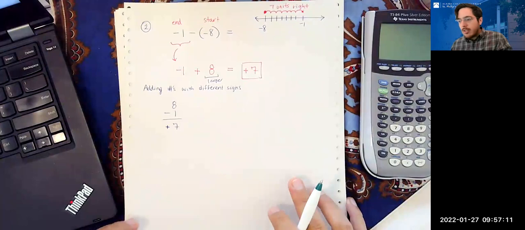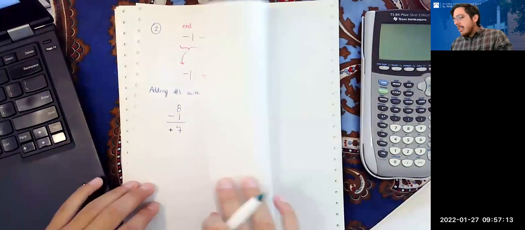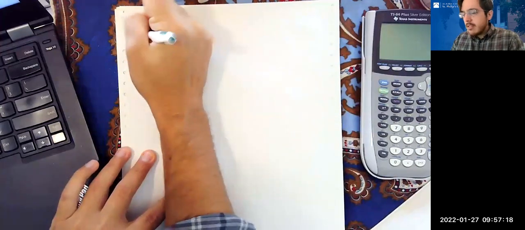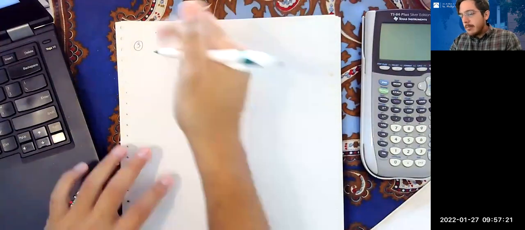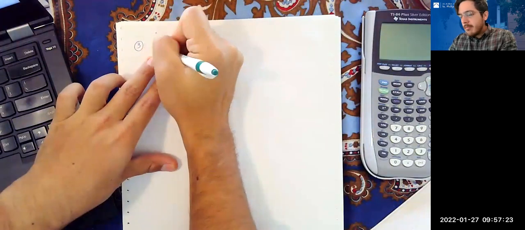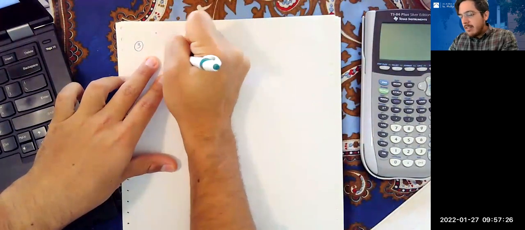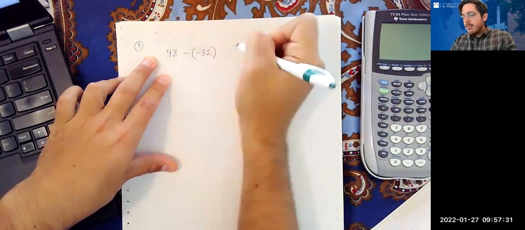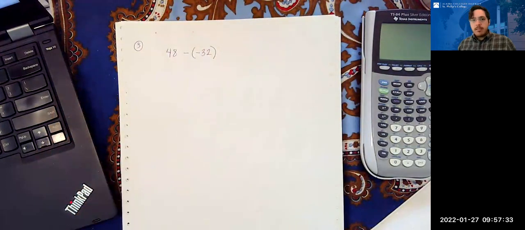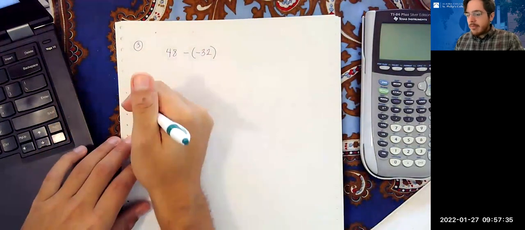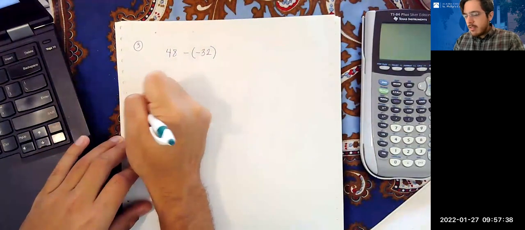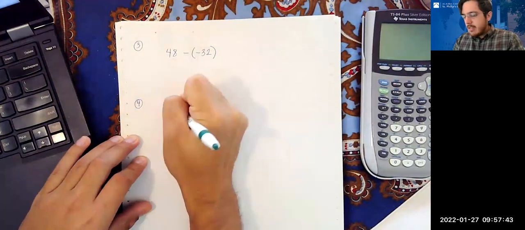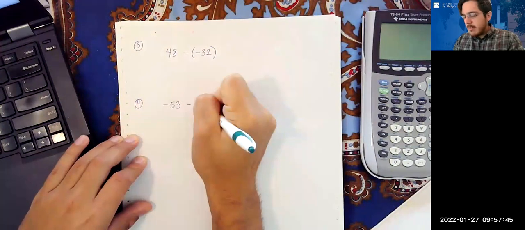Okay. So you want larger numbers, right? Let's go ahead and do that. Let's go with 48 minus -32. Let me go with -53 minus -20.